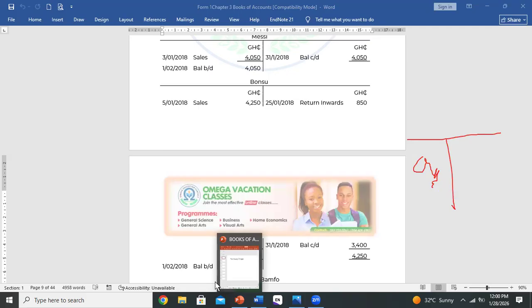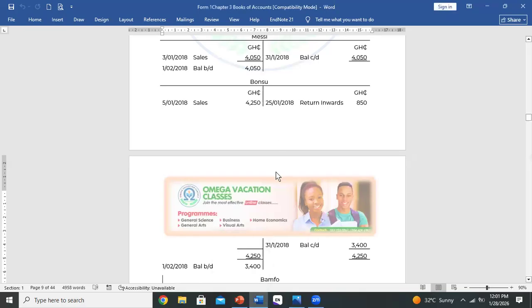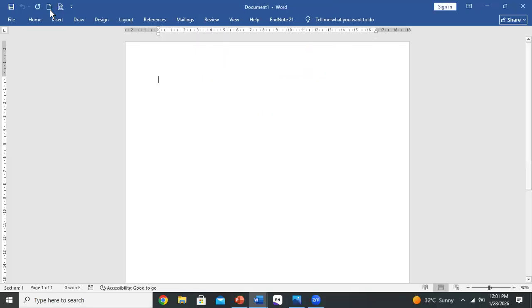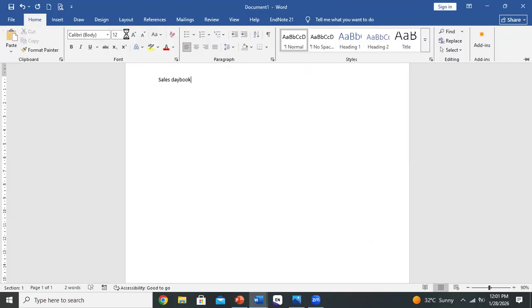But the underlying principle is that if you prepare your sales day book, let me do this on a new sheet. If you prepare your sales day book or sales journal, let me increase the font size so that you can see it.